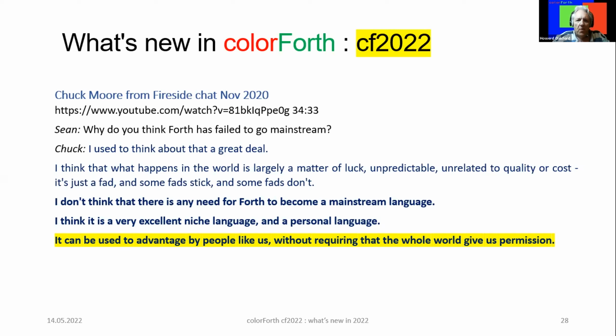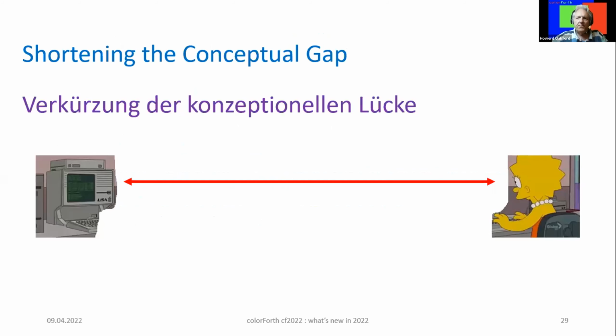So, okay, I'm now going to try and explain what this is about. This is something I took from a presentation I did for the Kustenforth, is it called, in Hamburg. And it's what I call shortening the conceptual gap. The idea here is you have a human being represented by Lisa on the right, and you have a computer represented by Lisa on the left, the old Apple Lisa.